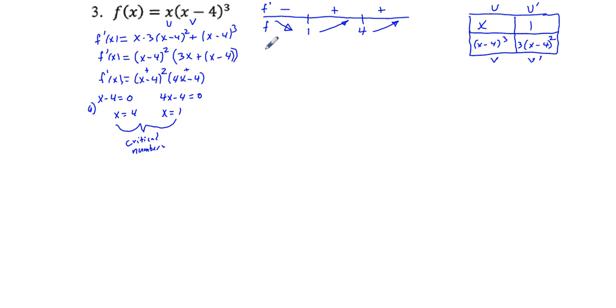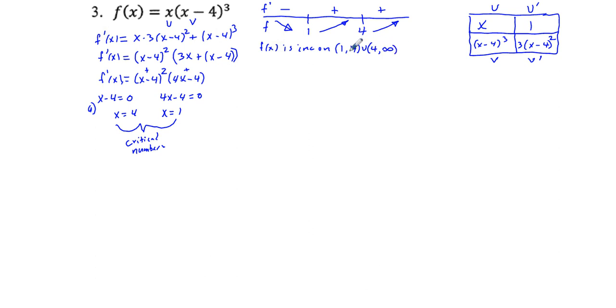And so we will say f of x is increasing on the intervals. Well, we start to increase at 1, so we'll say 1, and you could actually use a bracket instead of a parenthesis, 1 to 4, and also 4 to infinity.